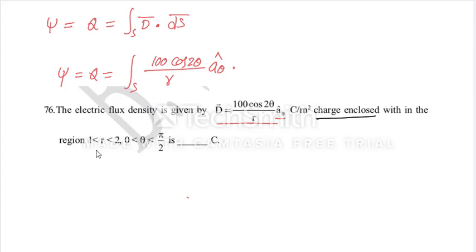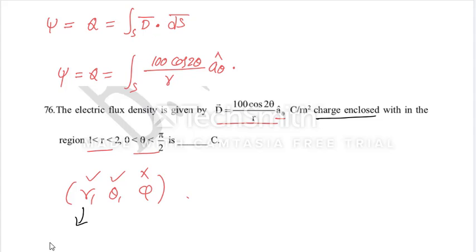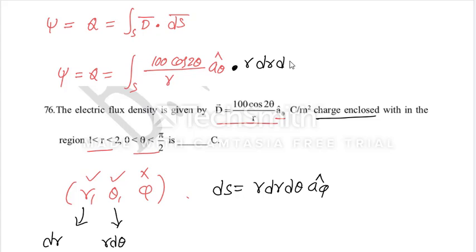Here what are the variables, r is variable and theta also variable, r theta phi, okay, so here r is variable, theta variable, phi is constant now, so what I can change in length along r is dr, along theta is r d theta, so from this what I can say, dS is equal to r dr d theta along phi direction, yes, now this is what I can say, r dr d theta into a phi.